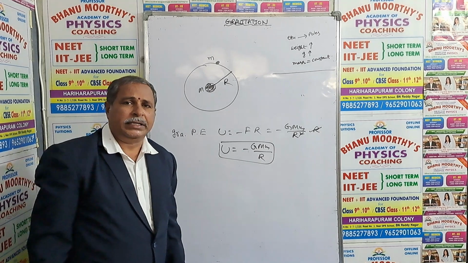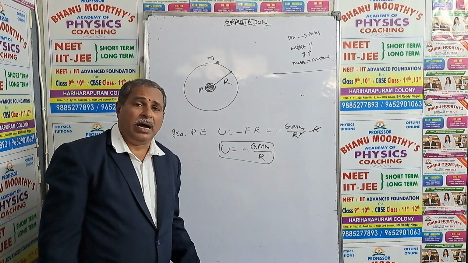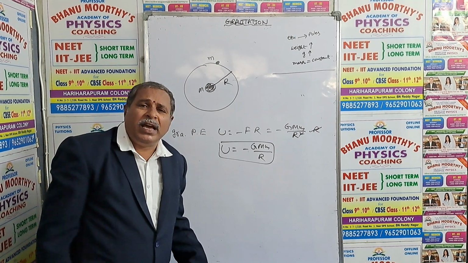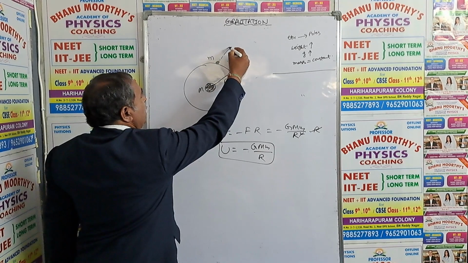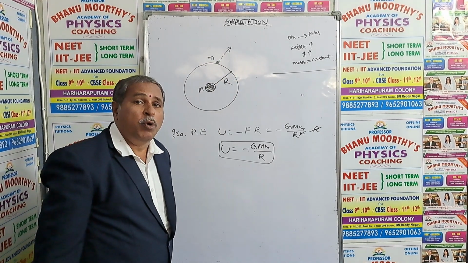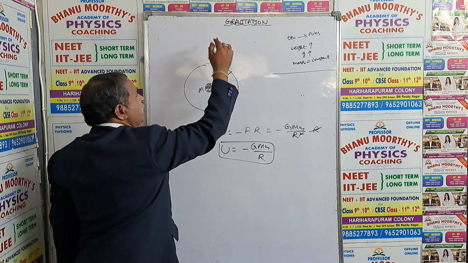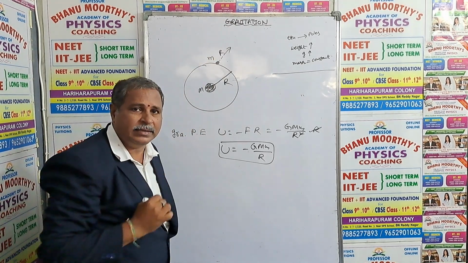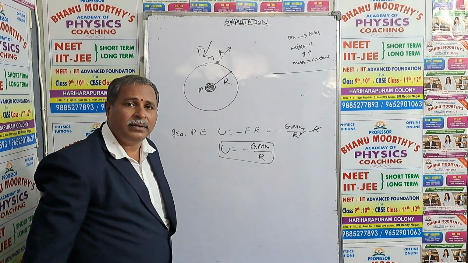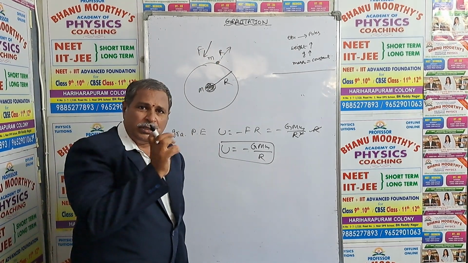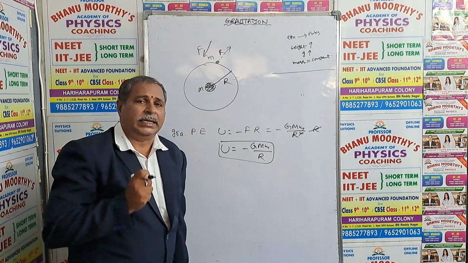My dear NEET students as well as IIT students and CBSE students, recognize this formula, gravitational potential energy. Why are we getting minus there? Because we are moving the body in this direction. It is the amount of work done in moving the body from the ground to this point, distance r. But the gravitational force of attraction is towards the center.